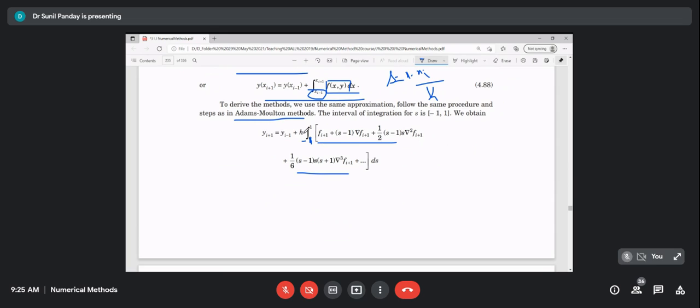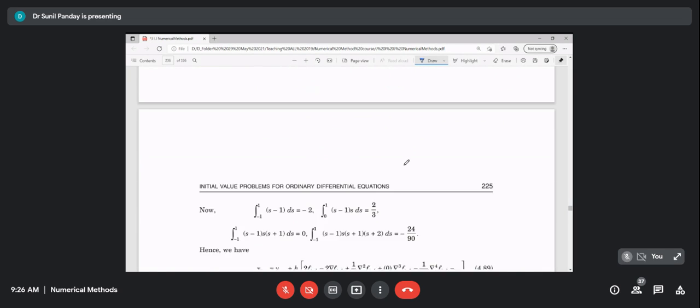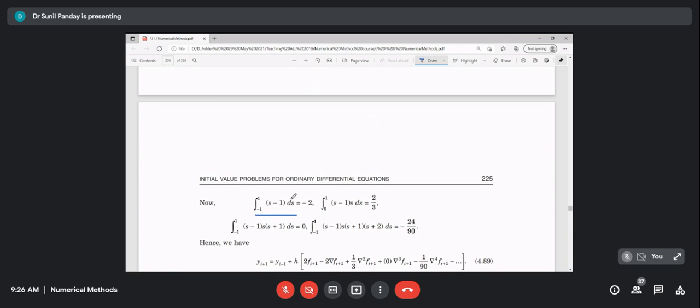So in this method, again we have to integrate this. Earlier we were integrating from 0 to 1, now we are integrating from minus 1 to 1. So we'll substitute all these values: the integral from minus 1 to 1 of s minus 1 ds, which is minus 2. Again, the integral from minus 1 to 1 of (s minus 1) s ds, if you simplify it, you will get 2 by 3.